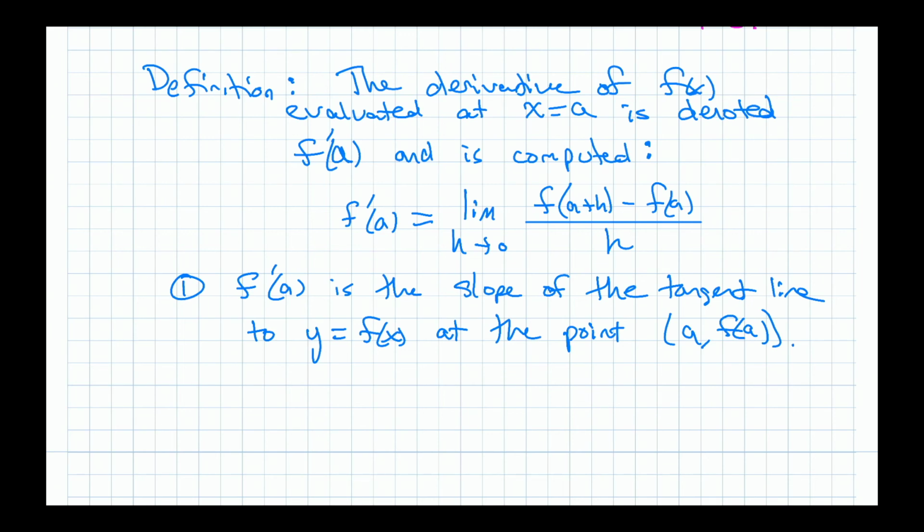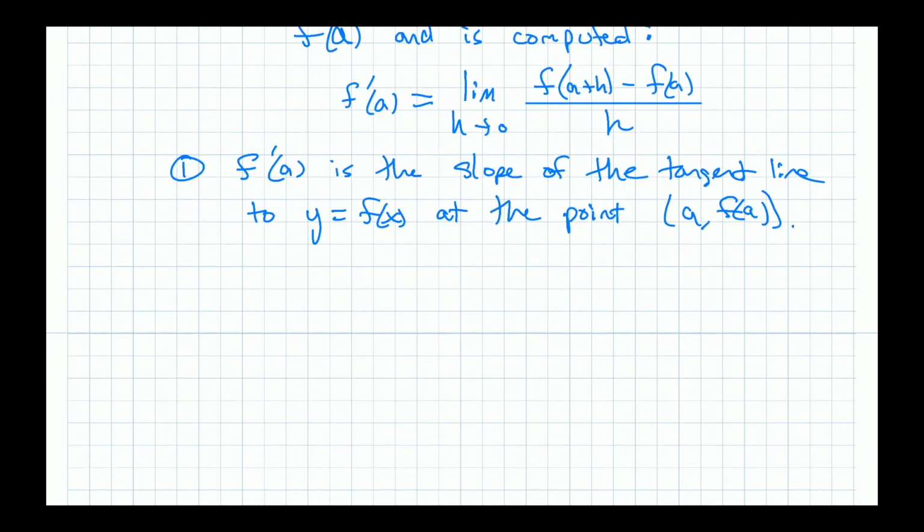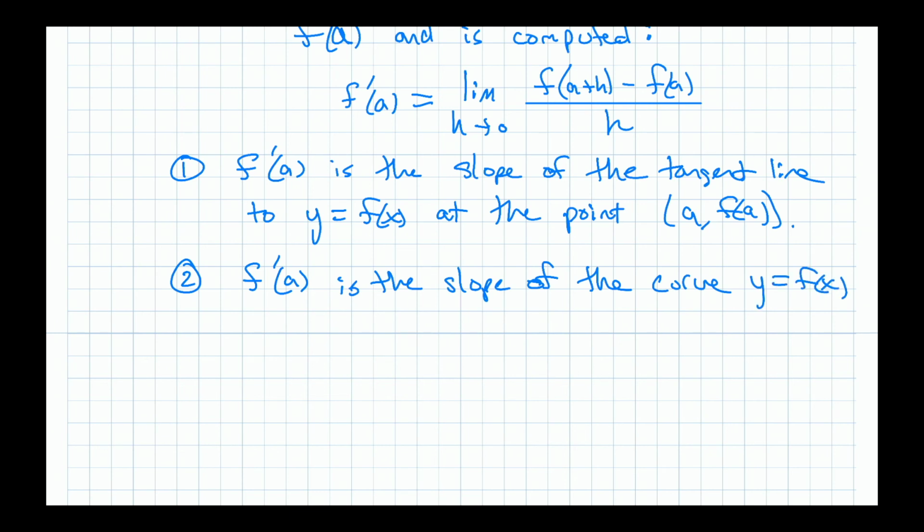That's one thing it is. Another thing is it is the instantaneous rate of change. Actually, I'm going to use that third one. I'm going to do another thing related to the tangent line. You could also say that f prime of a is the slope of the curve y equals f of x at, again, a comma f of a.